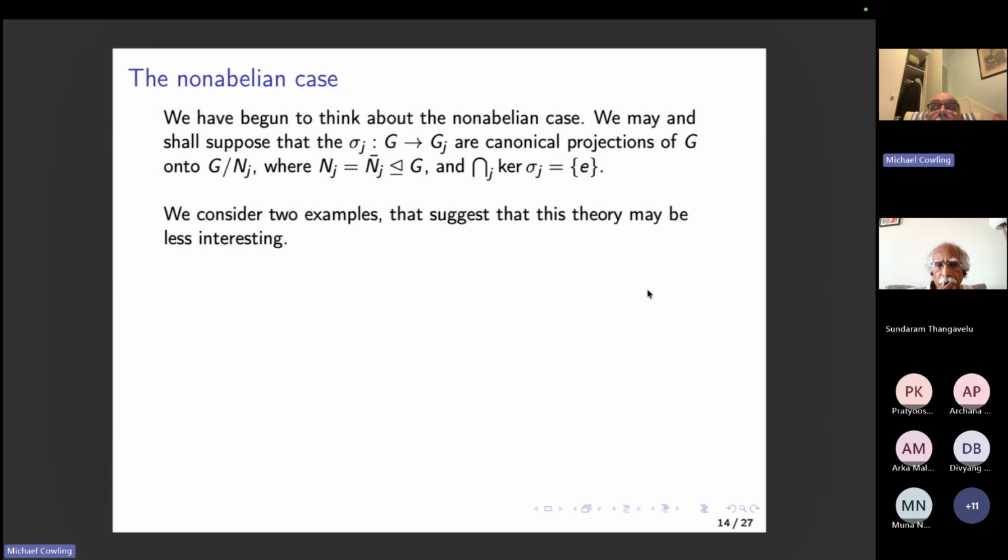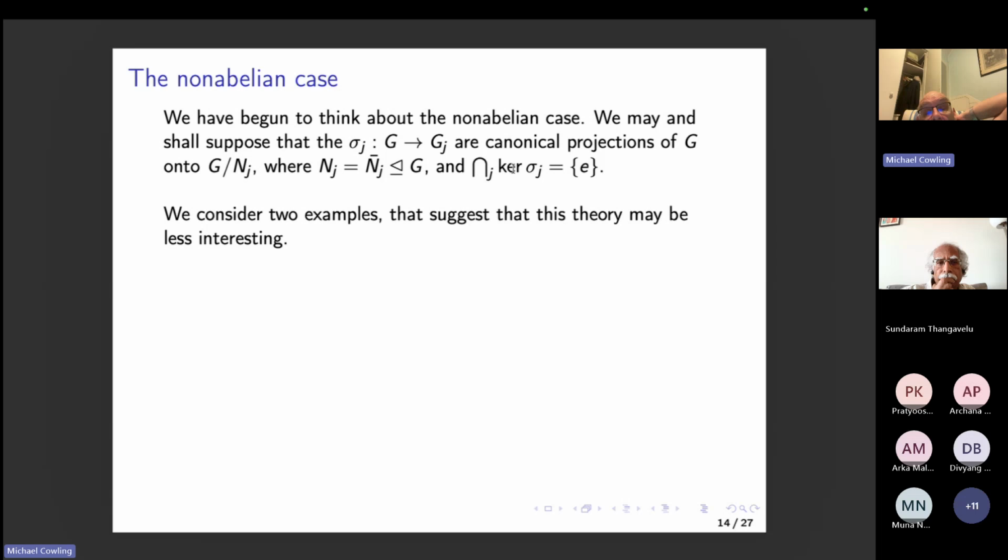Now, in the abelian case, in the case of Bennett and Tao, they supposed always that the sigma_j's were surjective, and the analog of a surjective linear map is a canonical projection of a group onto a group divided by a normal subgroup, a closed normal subgroup, in fact, and that the intersection of all the kernels is just the identity, and that these are equivalent to the conditions that they have.